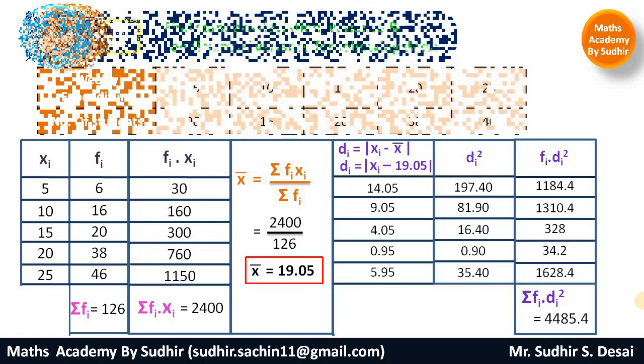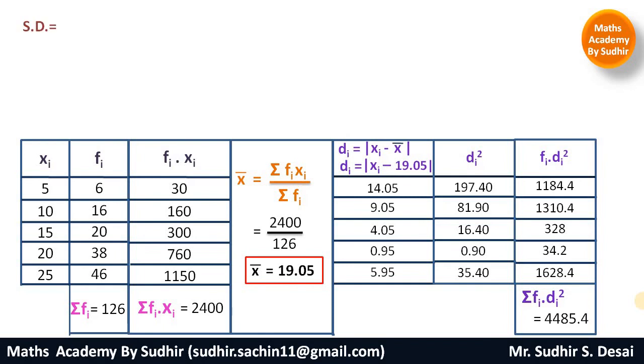Now let's find the formula for standard deviation, denoted by sigma, for ungrouped data. What is the short trick? In the numerator, write the sum of the last column, which is summation fi di square. In the denominator, write the sum of frequency, which is summation fi, and write this whole formula in square root. SD means square of deviation, and write the whole formula in square root.